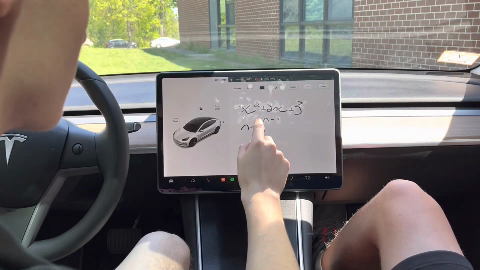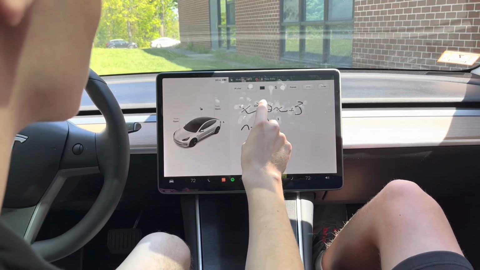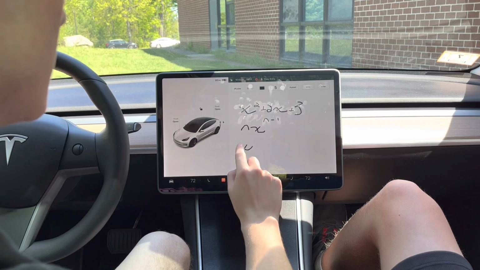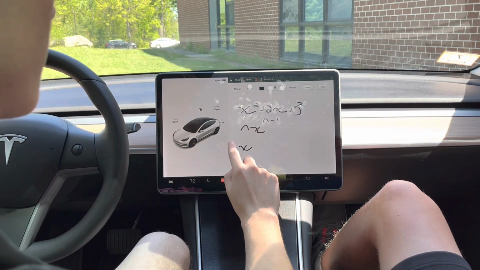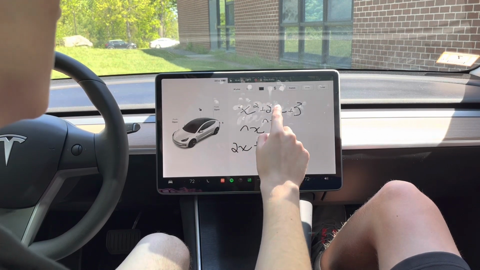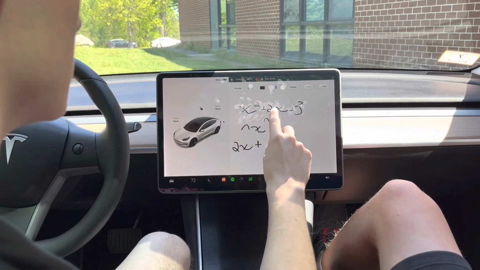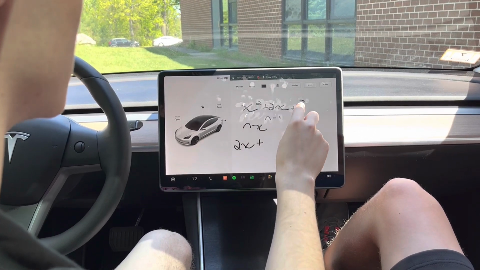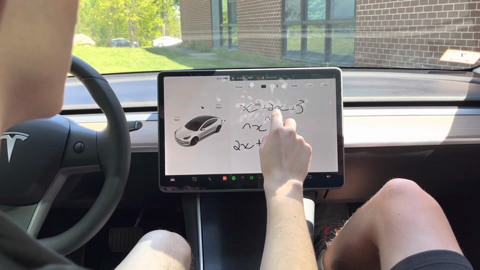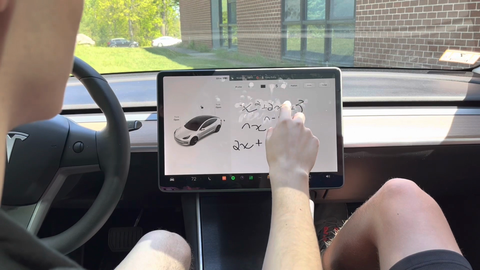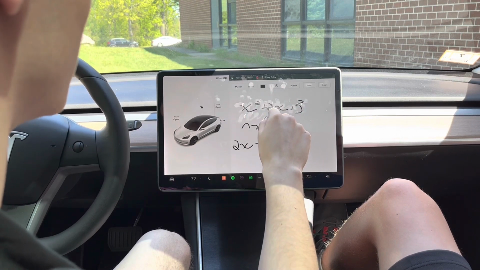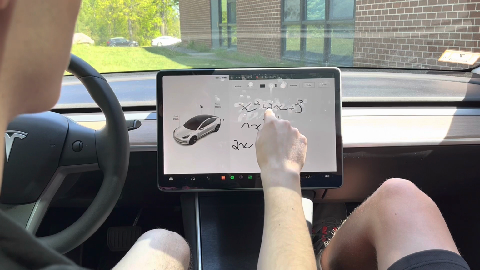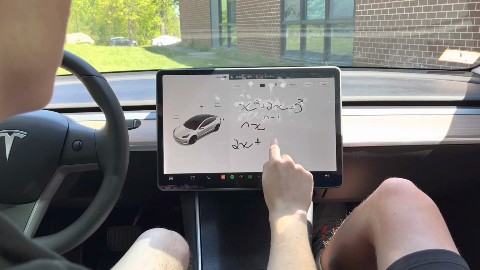So in the case of x squared, 2 is the n, so we're going to subtract 1 from that, which is going to give us x, and then we're going to put that 2 out in front, so we're going to have 2x. And then we have 2x, this is to the first, 1 minus 1 is 0, which means it's going to be x to the 0, which is 1, and then we're going to pull that 1 out in front and have just 2.